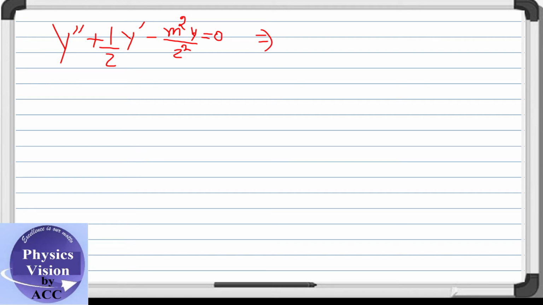The equation will become z square d square y by dz square plus z dy by dz minus m square y is equal to 0.